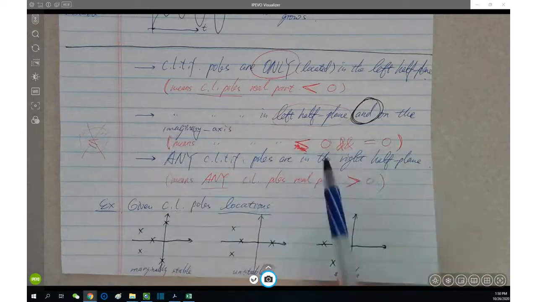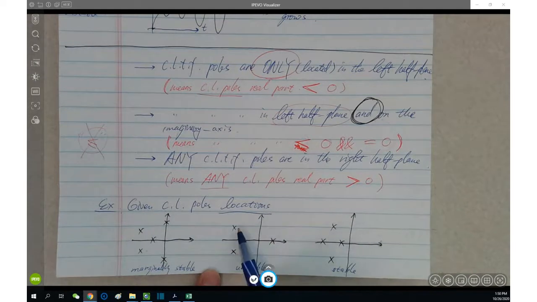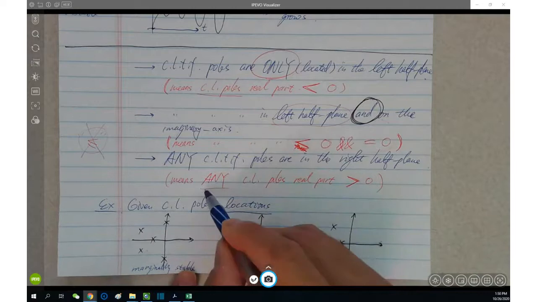Second case. You have some on the left, some on the imaginary axis. In the second case, you're seeing what? You have some on the left, but you have one on the right. What is it? Unstable. That's why we call it any.